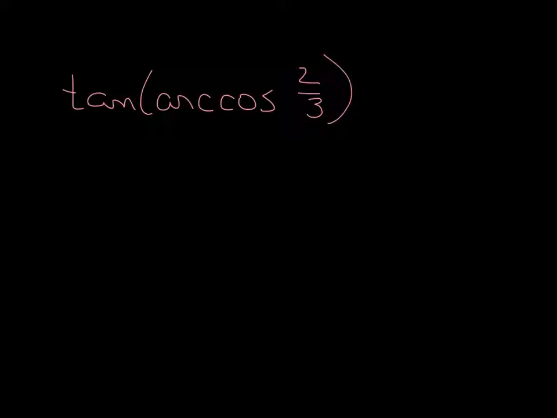But if we want to find the tangent of the angle whose arc cosine is 2/3, it's really not a difficult thing to do if we draw ourselves a right triangle. And I'm just going to let that be theta because it's easier to use. And cosine, how do we find cosine in a right triangle? Adjacent over hypotenuse. And if I have two sides of a right triangle, can I find the third side?